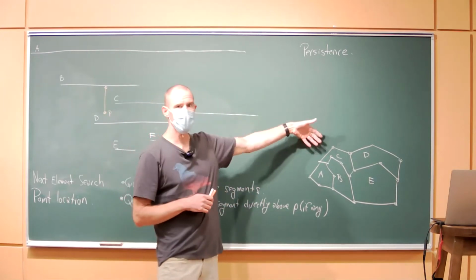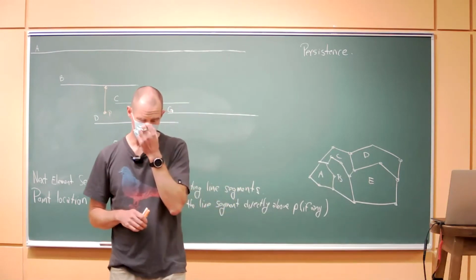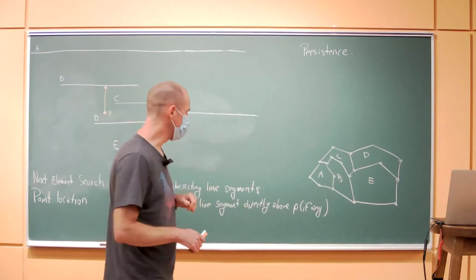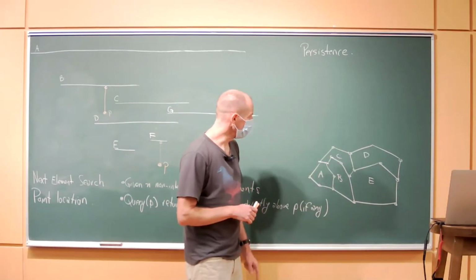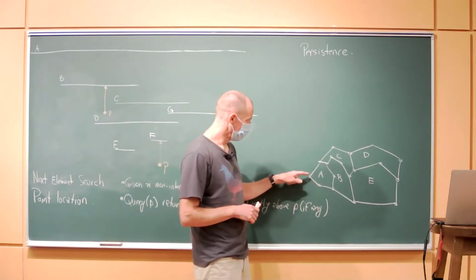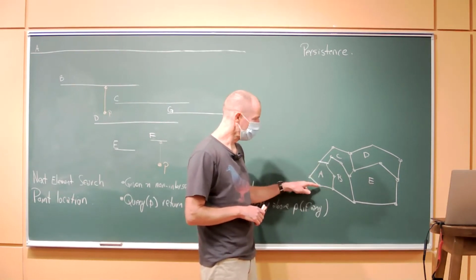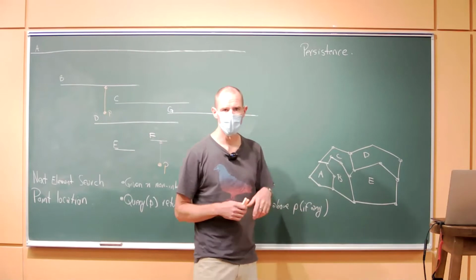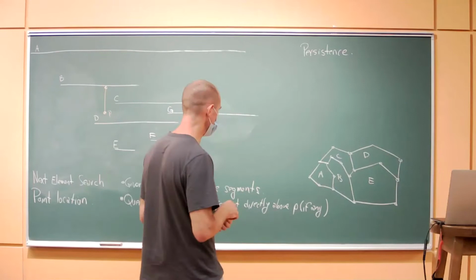For instance, if I give you a picture of a map, like so, then the boundaries of the cities or the countries in this map are typically represented as polygonal chains, so just sequences of line segments. None of them intersect each other. Maybe they meet at endpoints, but that's no big deal.